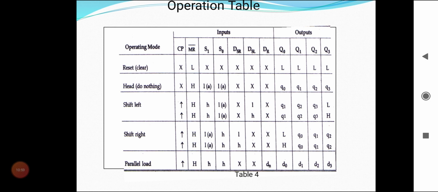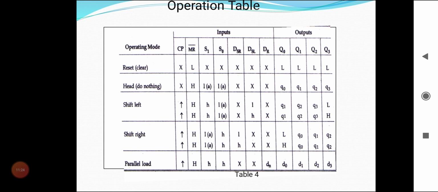In the hold or do nothing state, the clock pulse is don't care, memory read is high, S1 is l and S0 is l. All outputs Q0, Q1, Q2, Q3 keep their previous state. No change state.